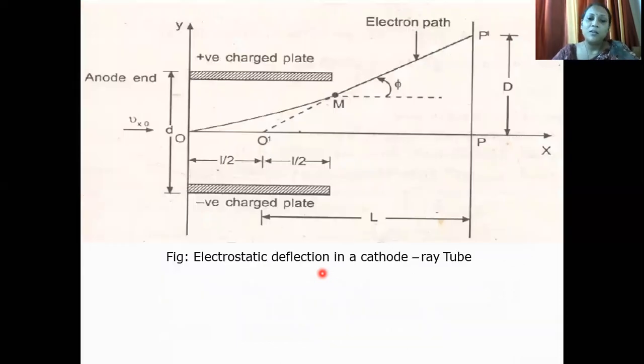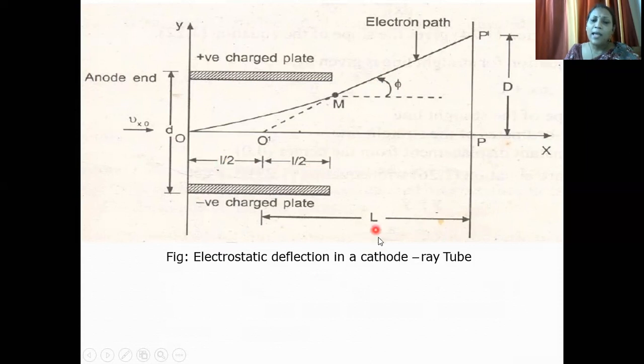This is the electrostatic deflection system that has been mentioned in this figure. So, this is L by 2 and this is L by 2. This angle is phi. This is anode A. And this is the length L that is mentioned in the deflection sensitivity portion.